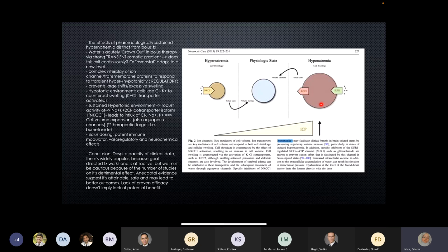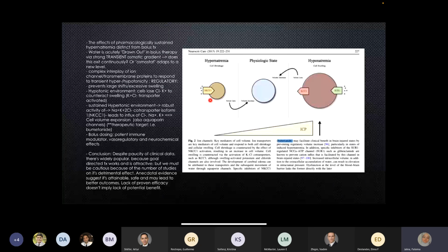So let me go back to hyponatremia. In your hyponatremic state, your cells swell up because the water is coming in, but you have these channels here, the SIR2 and KCC, basically channels that pump out the sodium from the cell to bring it to the physiologic state. In a hypernatremic situation, they also don't want to cause damage.